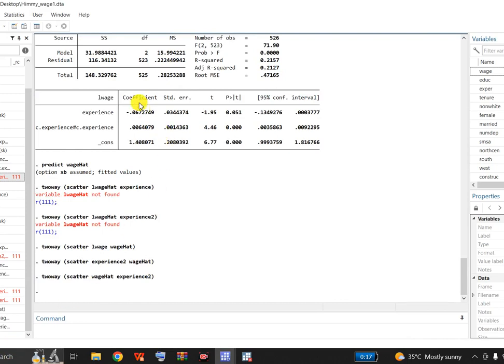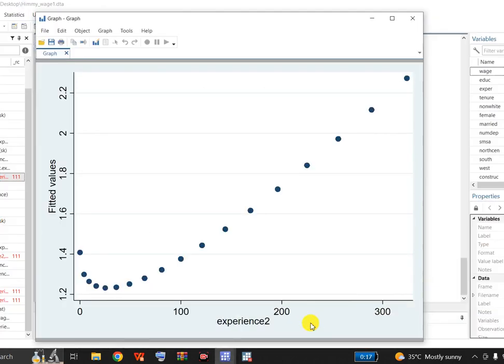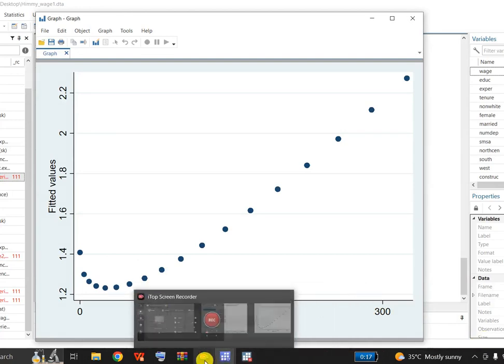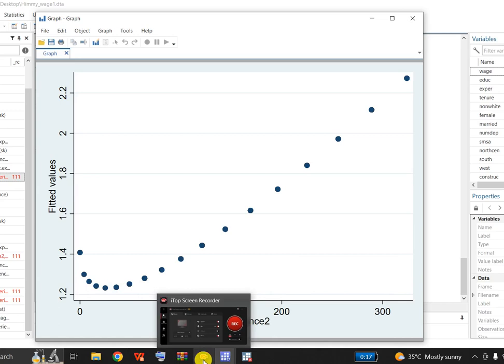So this result is exactly what we showed here in this diagram. So ladies and gentlemen, this is how we improve the estimation and the interpretation of the model by transformation of the model.